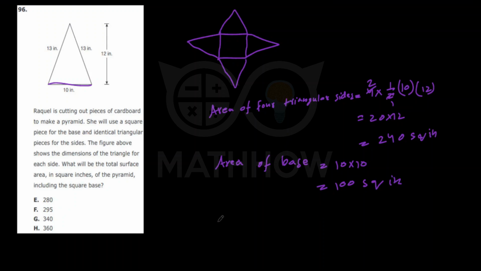Now the surface area of the pyramid will be equal to the area of all triangular sides, which is 240 square inches, plus the area of the square base, which is 100 square inches. So this will result in 340 square inches. The correct answer is option G.